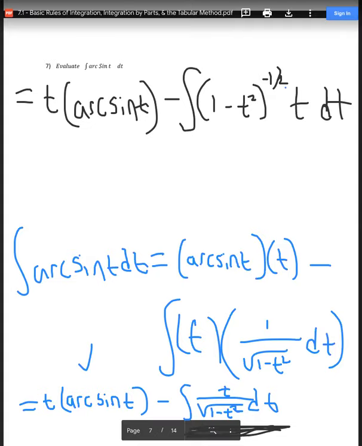Wouldn't we have to get the derivative outside, so multiply by -2? Exactly. So this is the power rule, because we need to have the derivative of the inside on the outside. The derivative of the inside is -2t, so we just need a -2 over here.